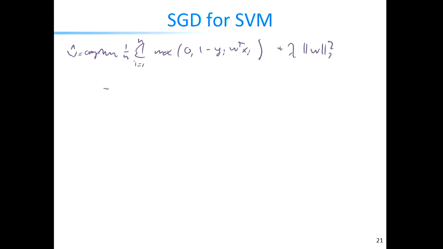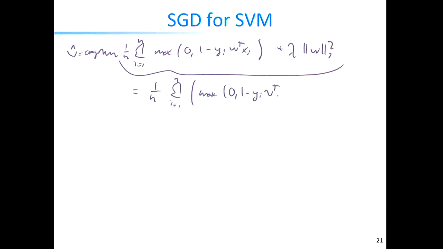Of course, this cost function here is just the same as 1 over n times the sum over i equals 1 through n of this loss contribution, max of 0, 1 minus y_i w transpose x_i, plus n times lambda times the squared 2-norm of w.